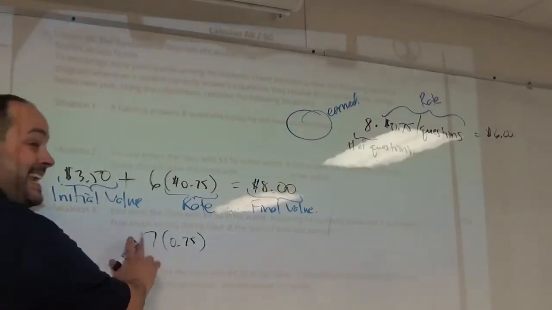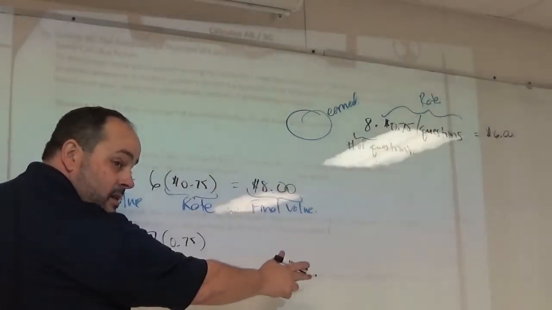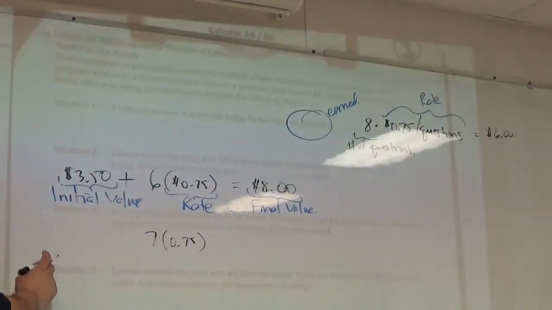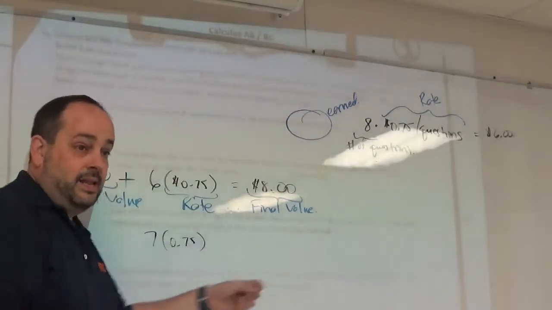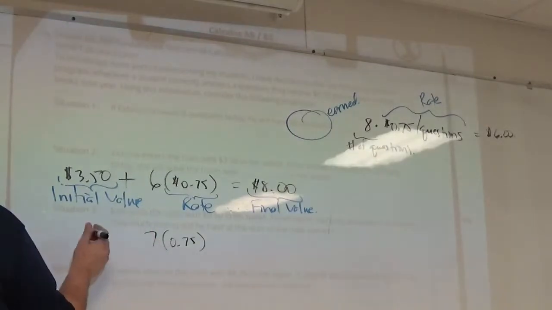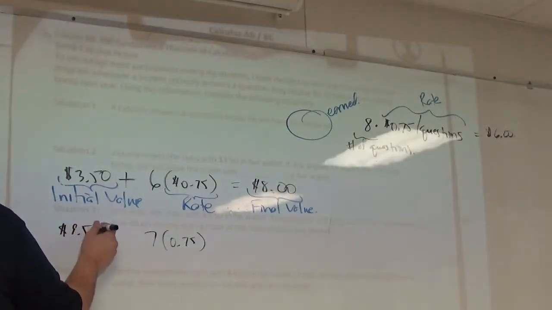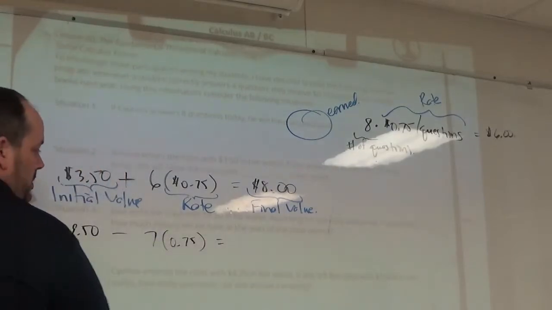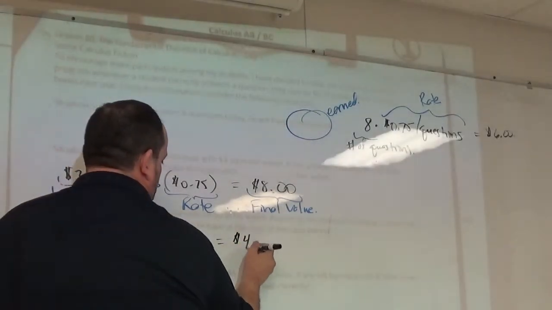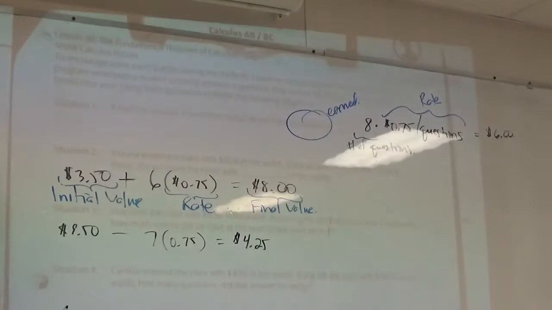Wait, you subtracted after that? No, I did subtract. You did subtract, but I don't think you did this minus. Oh, no, I did. The initial value minus. So you did that minus that? Yeah. And what did you get? 4.25. Okay, but if we say it like a 4th grade educated kid, you're going to say $4.25.